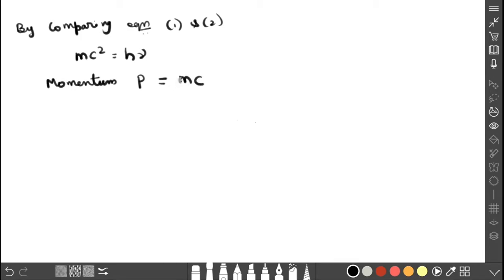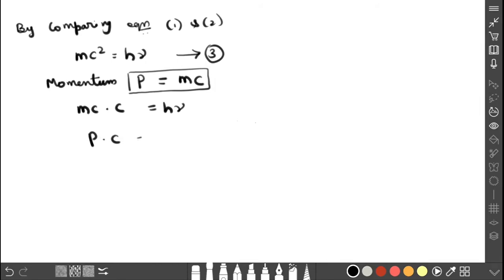Now this is equation number 3. So m c square I can write as mc into c, which is equal to h nu. The value of mc is the momentum P. So P into c is equal to h nu, and then P is equal to h nu by c.